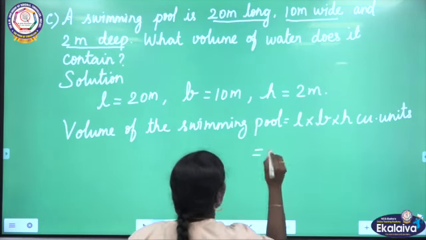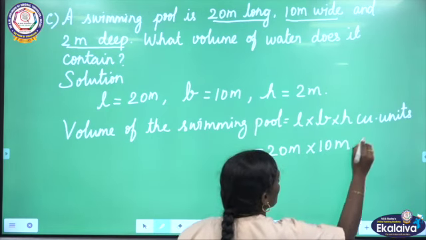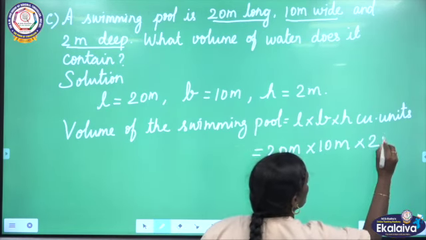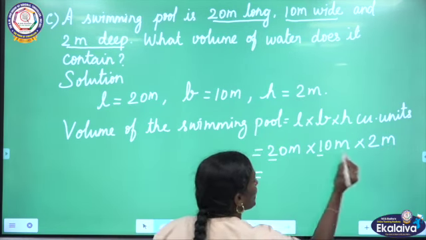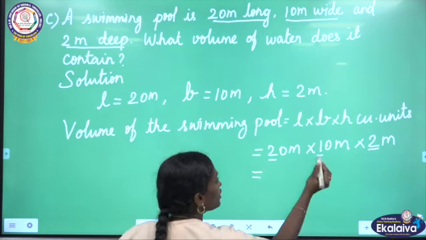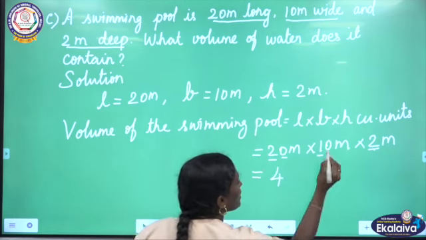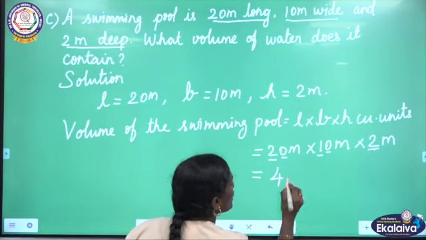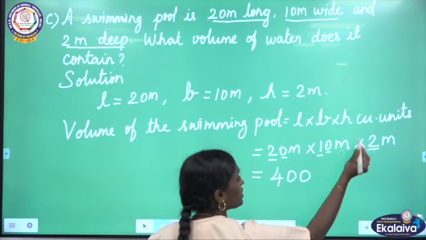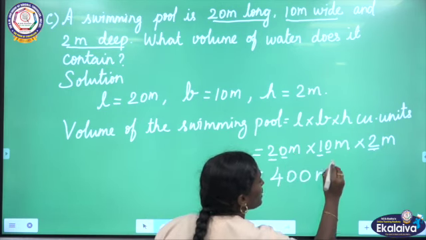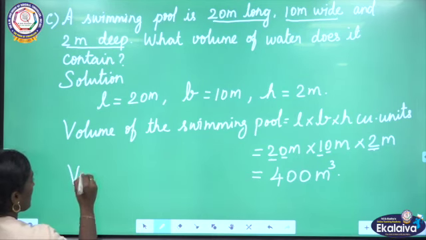So length is 20 meter into breadth 10 meter into height 2 meter. First 2 into 1 into 2, we will get 4. 2 into 1, 2. 2 into 2, 4. Then we have to add the zeros. Here we left 2 zeros. So we have to add 2 zeros in the answer. Then meter into meter into meter, we will get meter cube. This is the volume of the swimming pool.